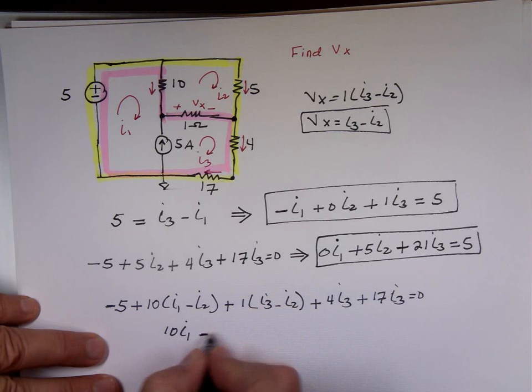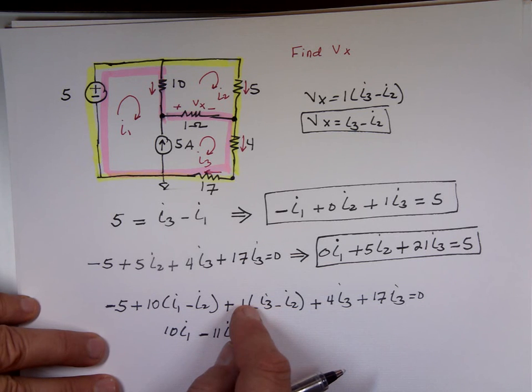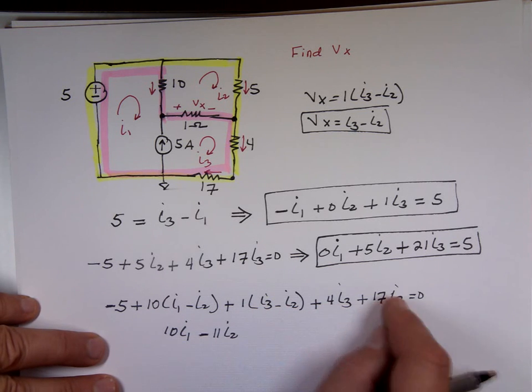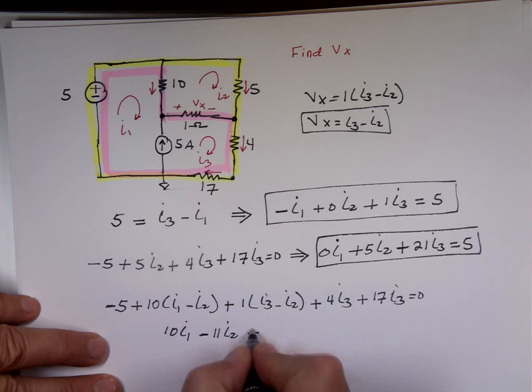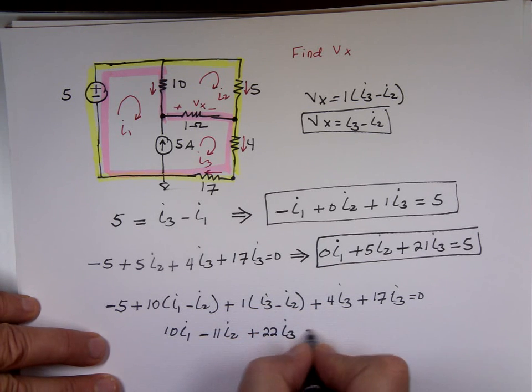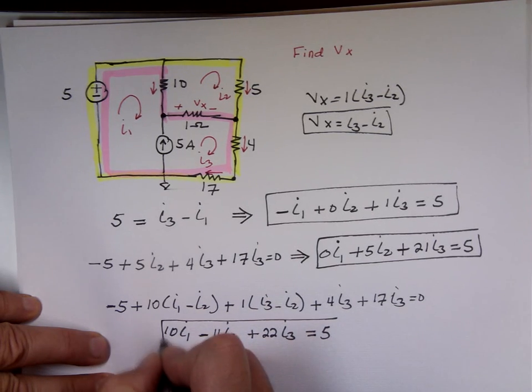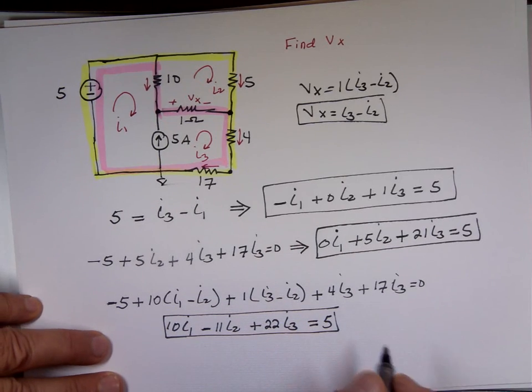Let's see I sub 3. I got a 1 here and a 4, that's a 5. 5 and 17 is 22, is it? Equals 5. Three equations by 3 unknowns.